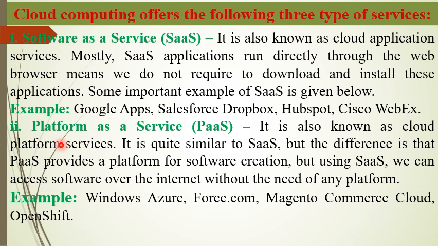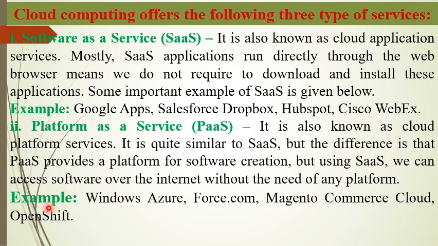It is quite similar to SaaS, but the difference is that PaaS provides a platform for software creation, while using SaaS we can access software over the internet without the need of any platform.